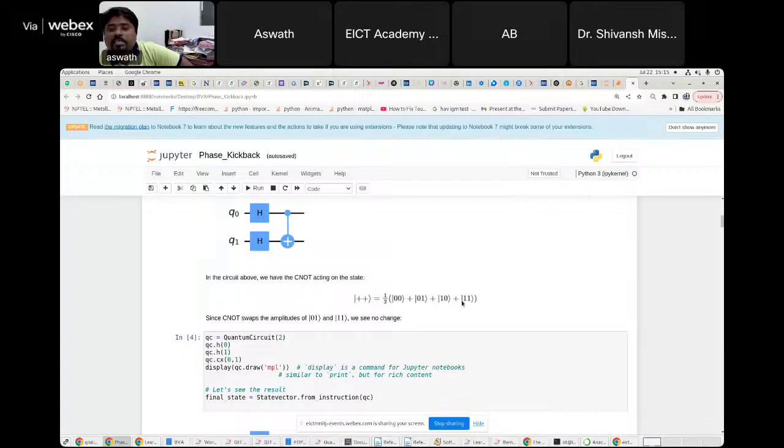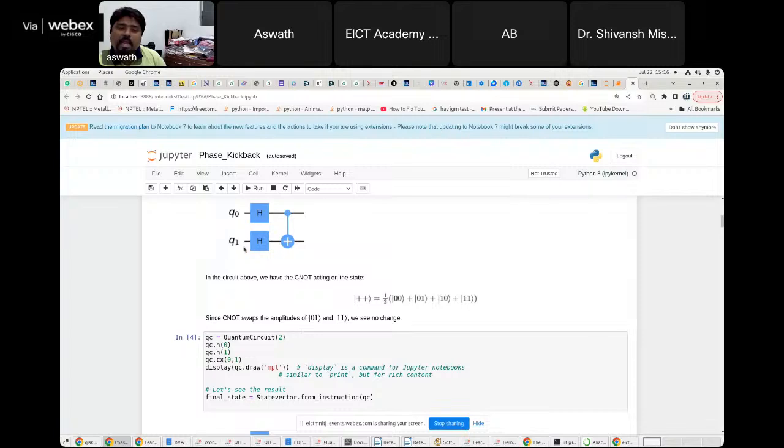But in this case, even though the control is high and the target is flipped, I don't see any effect. You know why? Because even though probability amplitudes are swapped, both being positive, I'm not seeing any effect. So the amplitude swapping is happening, but no effect. So information has flowed from top to bottom, but I'm not seeing it.